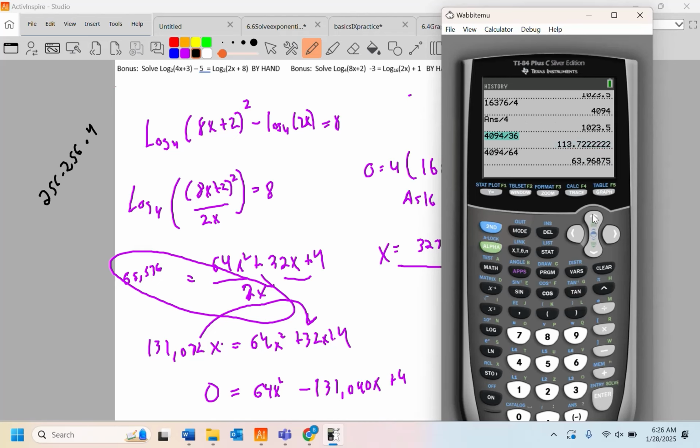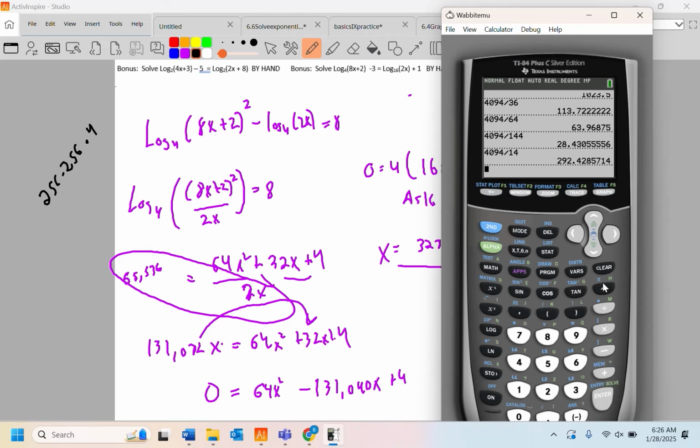After 64, you jump to 100, and then you jump to 144. No. And after 144, what's your next nice square? It's 256, isn't it? It's 16 squared. See if it's divisible by 16 twice.